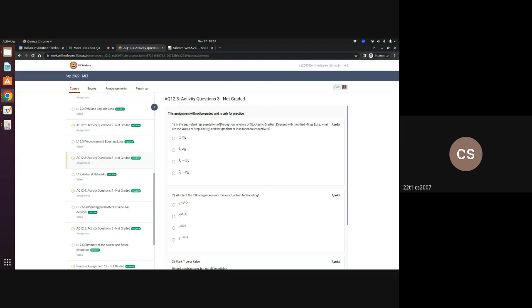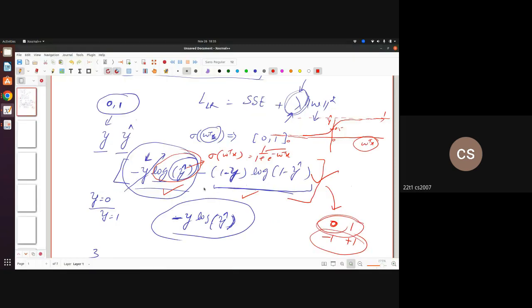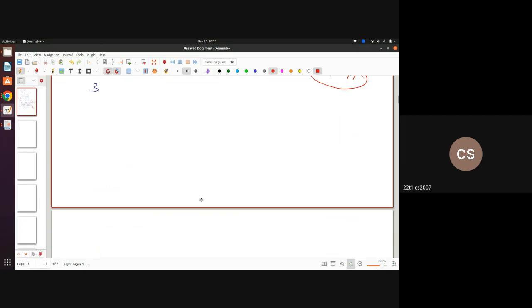Now, perceptron, if you study its loss function, if you remember, what is the update rule of perceptron? Does anybody remember? When do we update the weight?